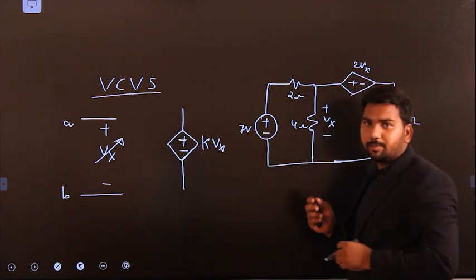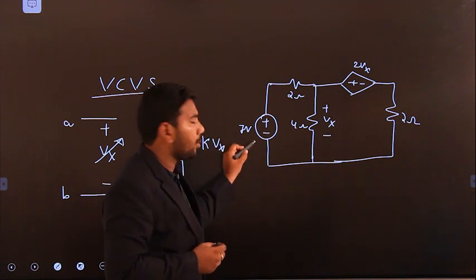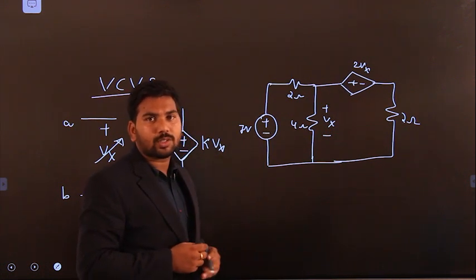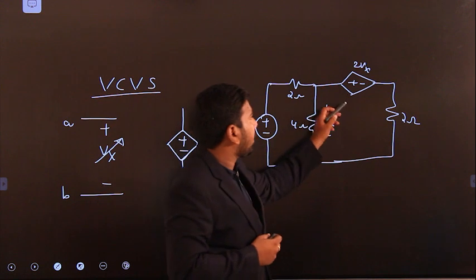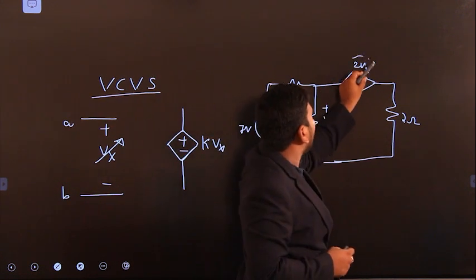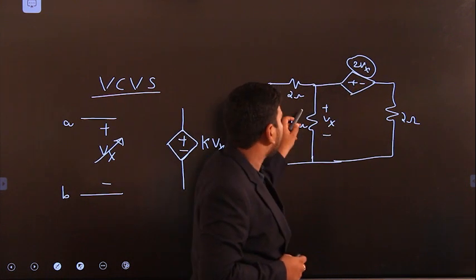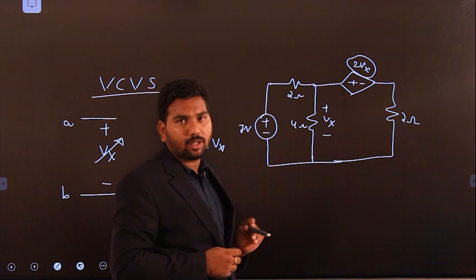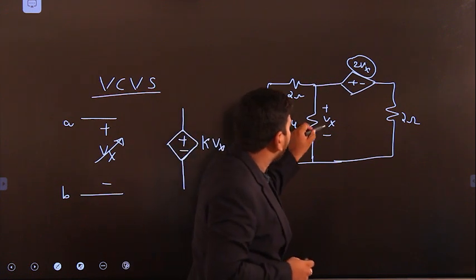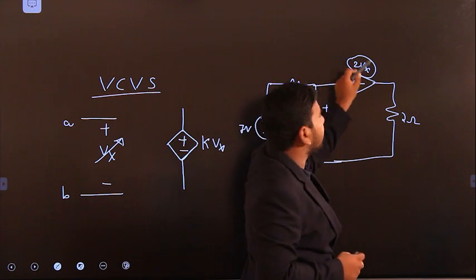Now in this circuit diagram, there are independent sources and dependent sources. So what is the independent source? 7 volt source is the independent source. Now what is the dependent source? Voltage controlled voltage source. So this value how much? 2 times Vx. This Vx is measured across this 4 ohm resistor. Now if this voltage is changed, then this value will change, right?